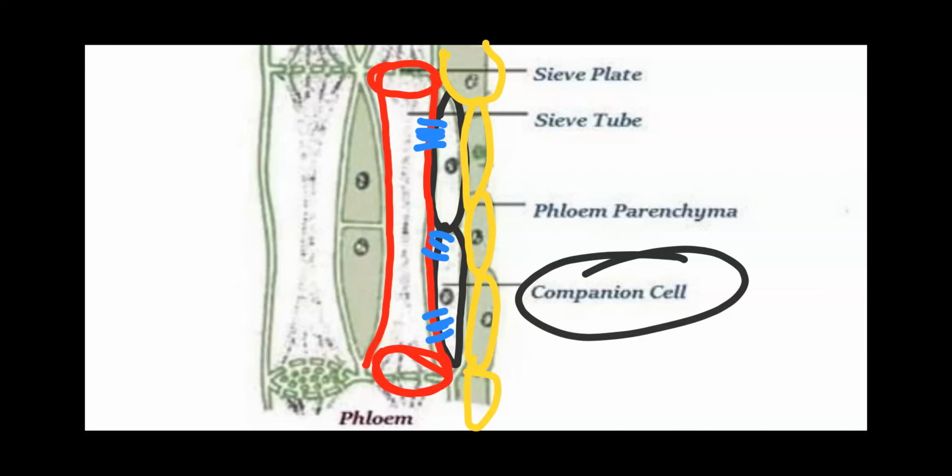Again, their cell walls have pits. Wherever these pits are present, that is going to help in plasmodesmatal connectivity.